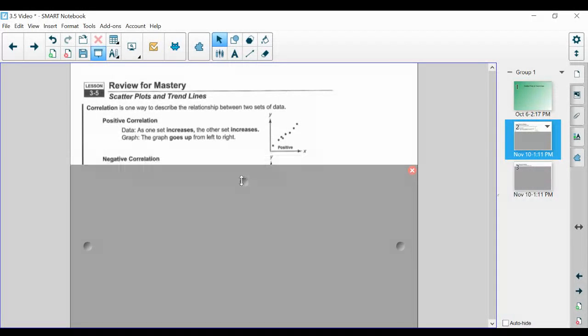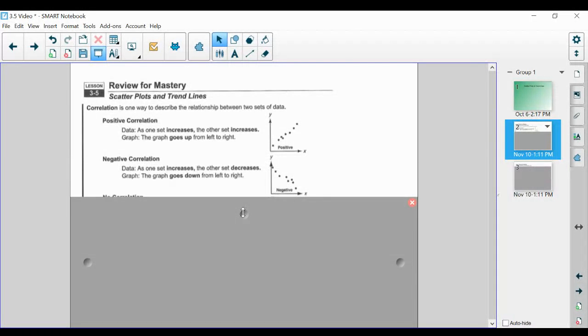We're saying, hey, we're seeing that there is a relationship and it has a positive growth to it. We also have what's called a negative correlation. Well, we have positive, so we should have negative. A negative correlation says that as one data set increases, the other set decreases. And the graph seems to go down from left to right as we look at it.